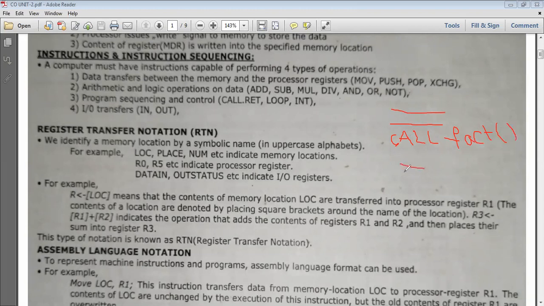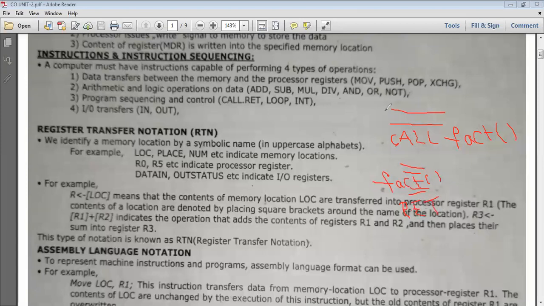Here the fact function is there. In that function we have some instructions, and at the end we have the instruction return, RET. What is the meaning of call and return?